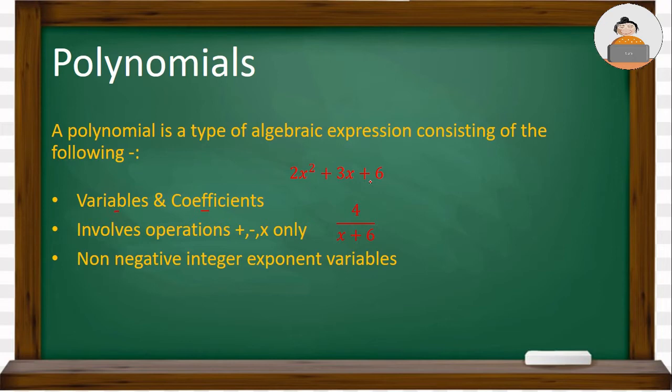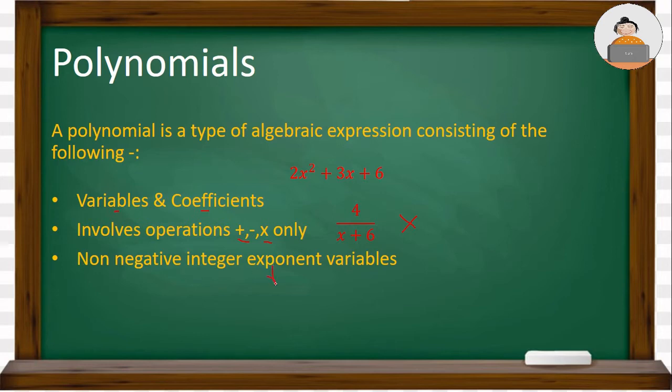Secondly, polynomials also involve operations such as addition, subtraction and multiplication. But if I write 4 all divided by x plus 6, then this will not be considered a polynomial. Lastly, polynomials consist of non-negative integer exponent variables.